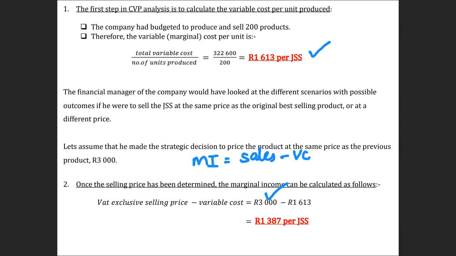Your marginal cost we did at the top was 1,613. So that gives you a marginal income figure of 1,387. So now we have the marginal income as a rand value. Let's calculate it in terms of a marginal income ratio. It would be marginal income over sales multiplied by 100.